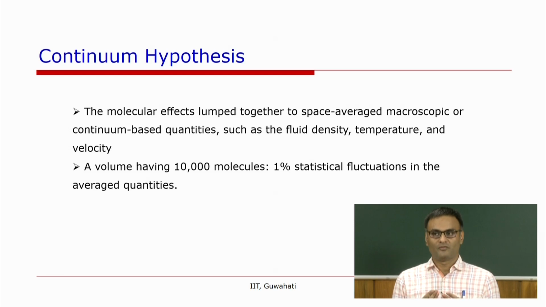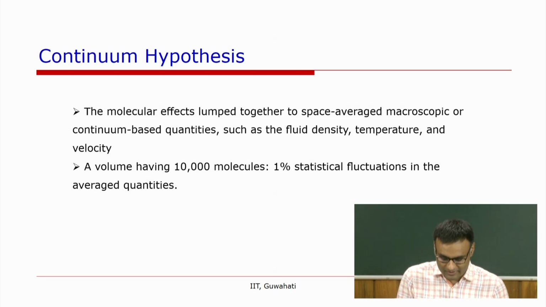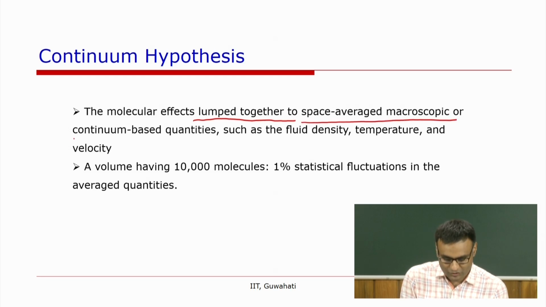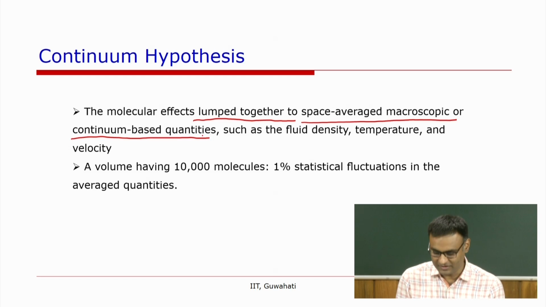That means we do not consider that at one particular point of space there is a molecule or there is not a molecule. We take it, as has been written here, that the molecular effects are lumped together to space average macroscopic or continuum based quantities such as density, temperature and velocity.